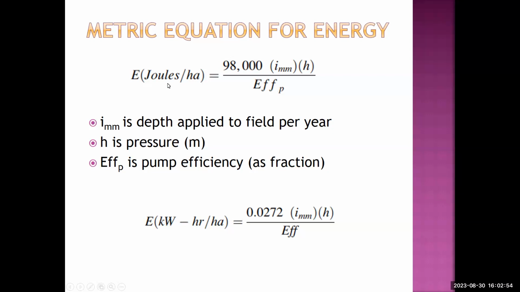That'll give us our energy in joules. But what we're really interested in is kilowatt hours, because that's how we're charged. So that would be 0.0272 times the depth applied to the field in a year, times the energy we're adding with a pump in meters, divided by the efficiency.